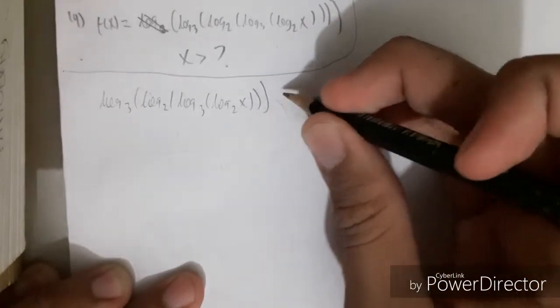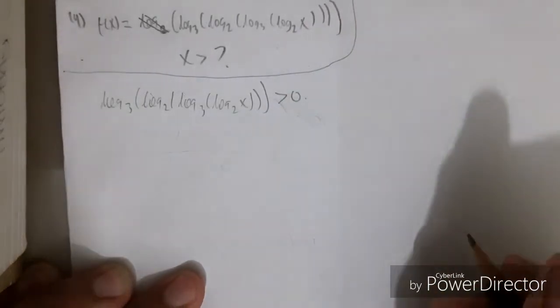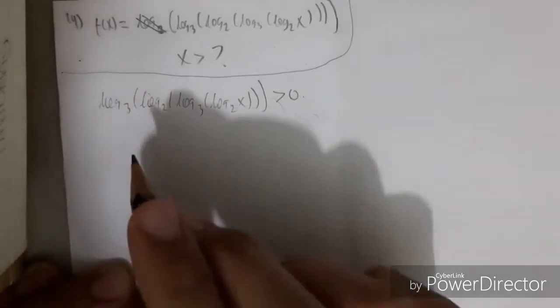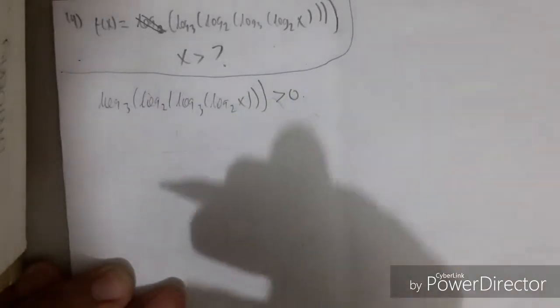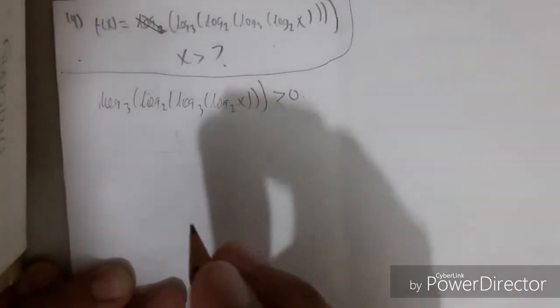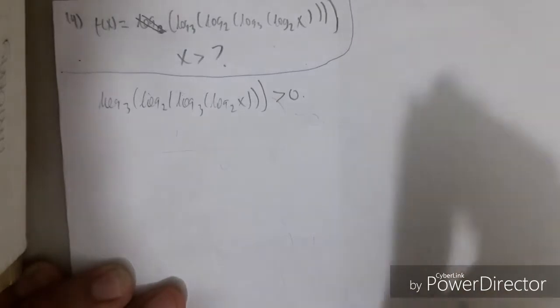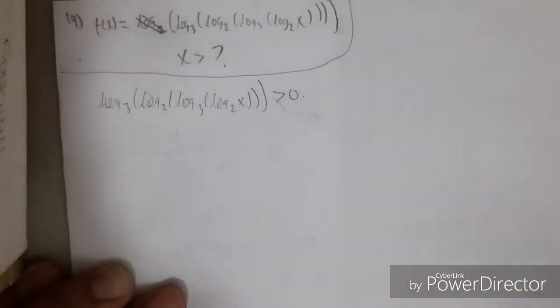Now we make this function greater than 0 because of the maximum domain on real numbers, so it cannot be negative, and the real numbers of x cannot be negative, right? Because a logarithm argument cannot be negative and also cannot be 0.